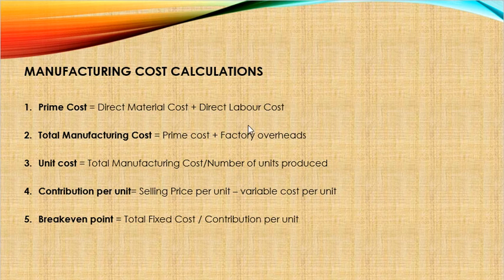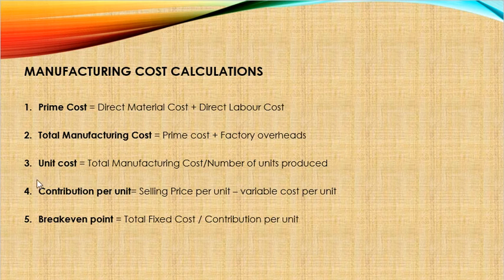So it's direct plus indirect cost equals total manufacturing cost. Then the unit cost. So what you want to calculate here is how much does it cost you to manufacture one unit. Calculate that by taking your total manufacturing cost and then divide it by the number of units that you've produced, and you will then get the cost per unit.